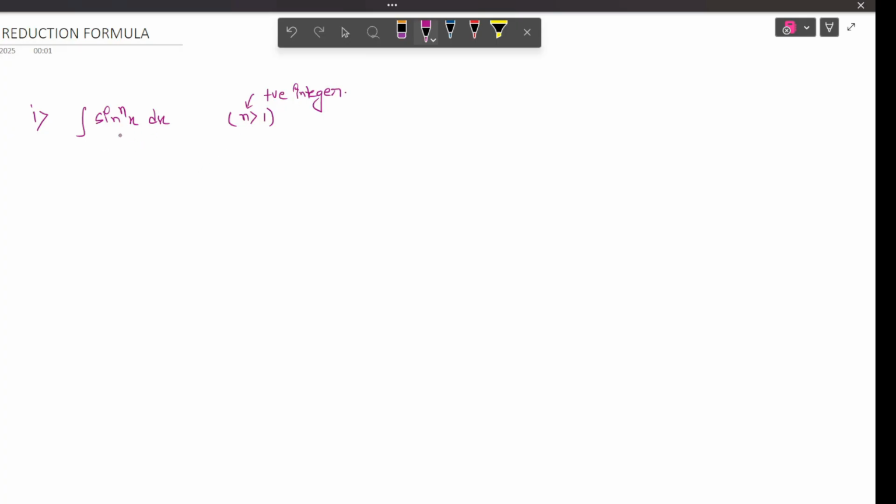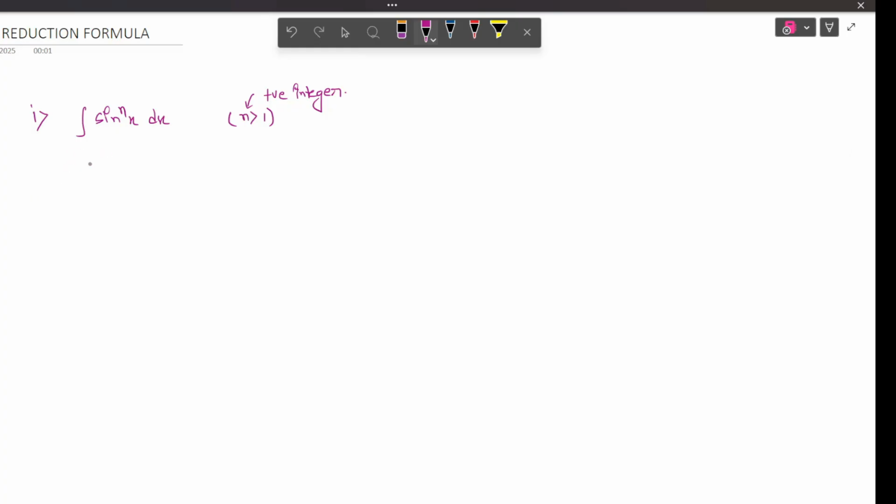Now I will derive one formula. I will derive integration sine to the power nx dx, and after that I will only write the formulas, because we have to see the applications. Otherwise, video will be too long.